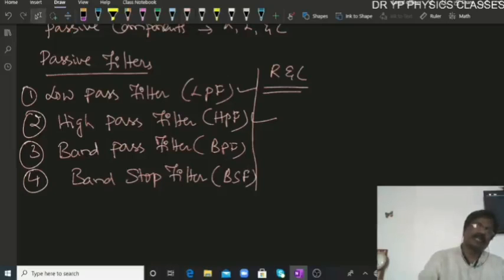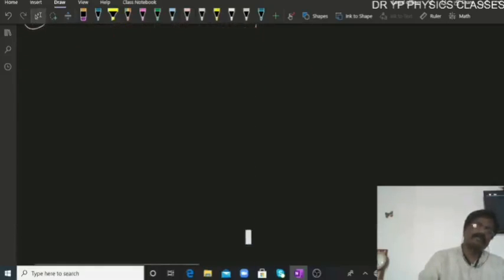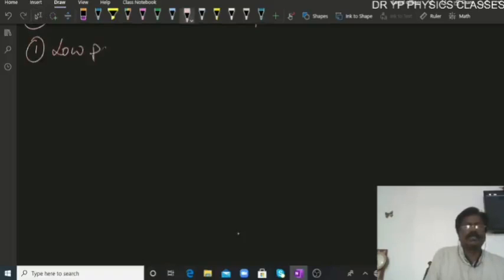First, let us consider what is meant by a low pass filter. So, number 1, low pass filter.